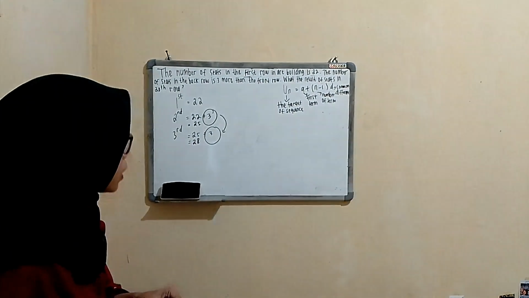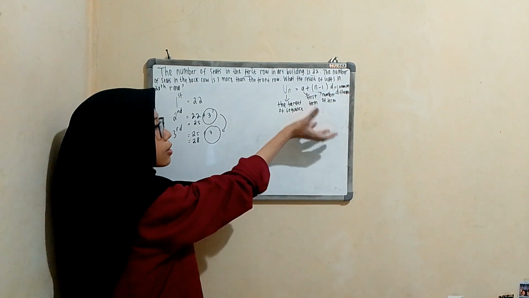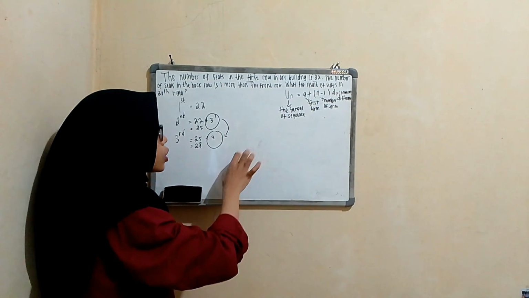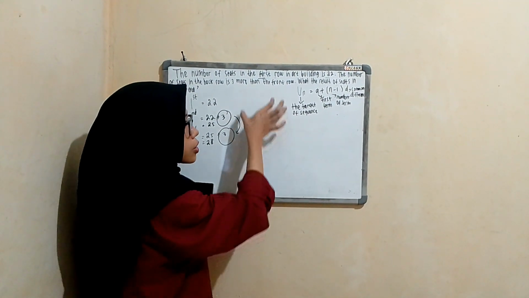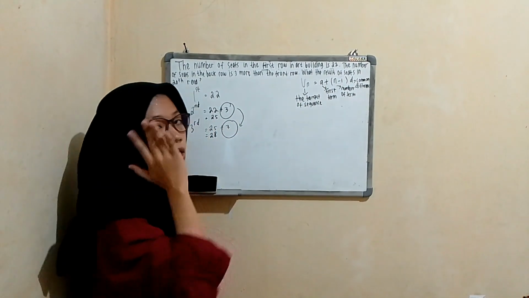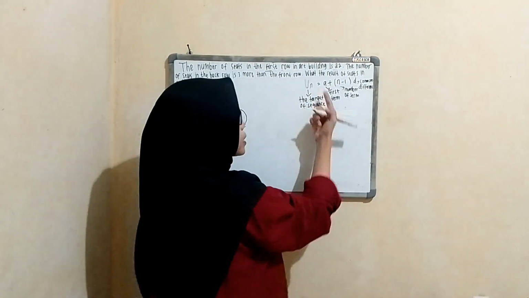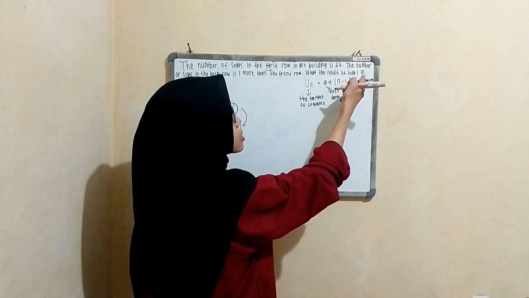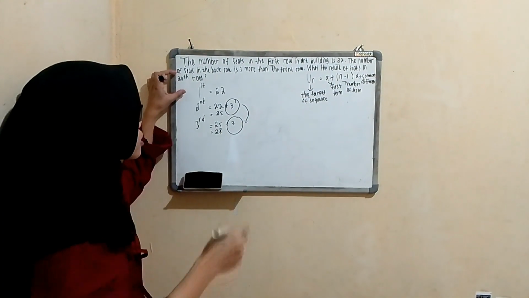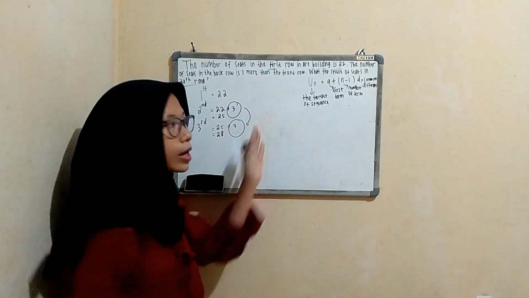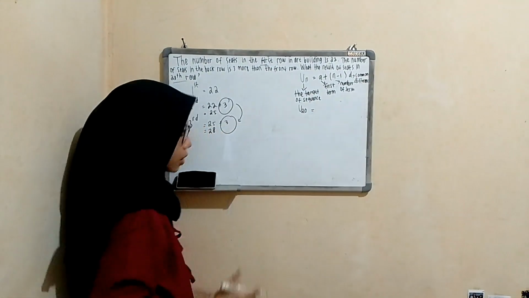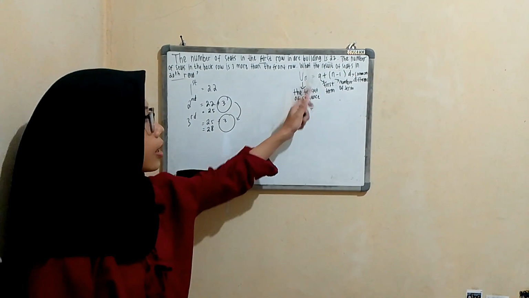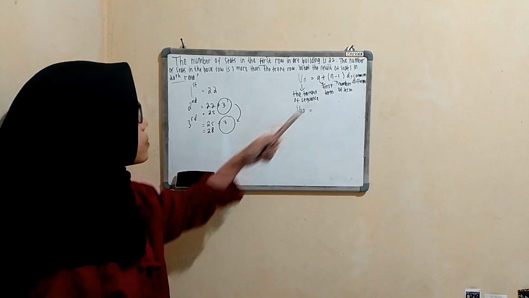Okay, based on the formula and the question, we can substitute the information from the question into the arithmetic formula. Because the target of the sequence is the 20th row, U sub n is U sub 20. Then a is the first term.